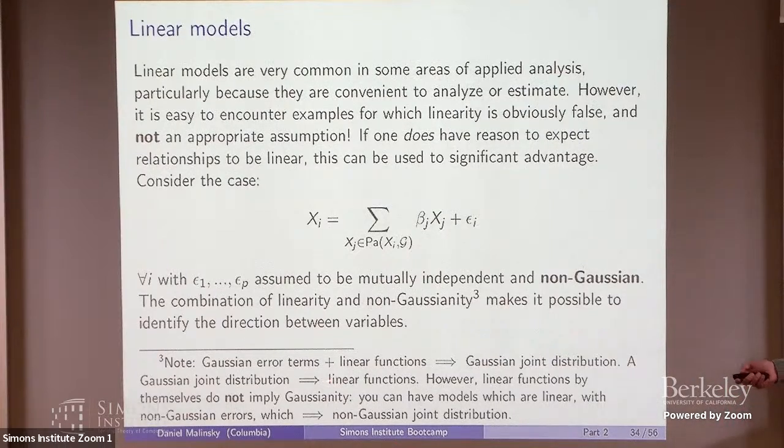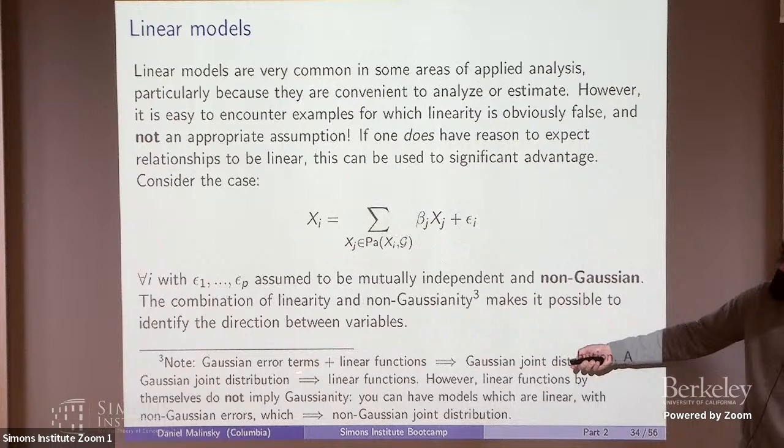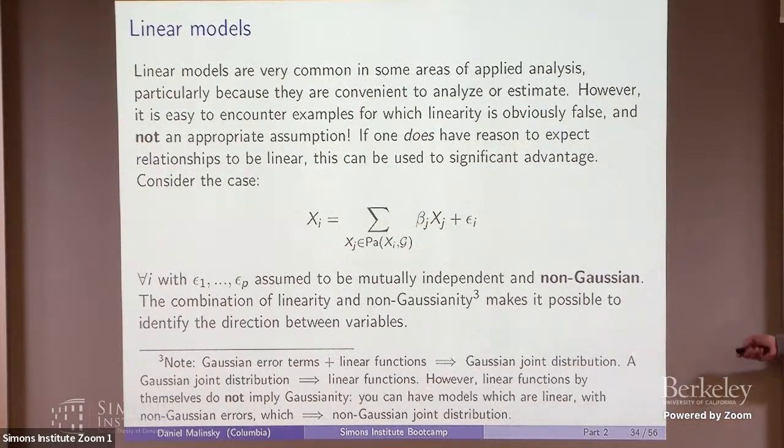If you had Gaussian errors and linear functions, that induces a Gaussian joint distribution. If I know that I have a Gaussian joint distribution, then I know I have linear functions. But if I have linear functions with non-Gaussian errors, that introduces a non-Gaussian joint distribution over the x's.